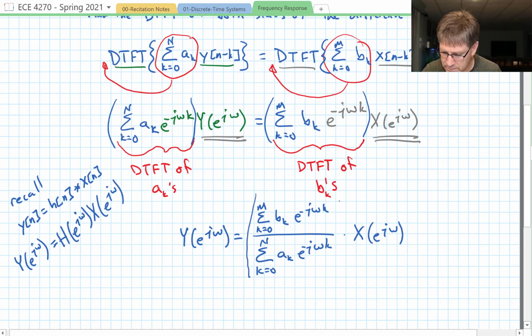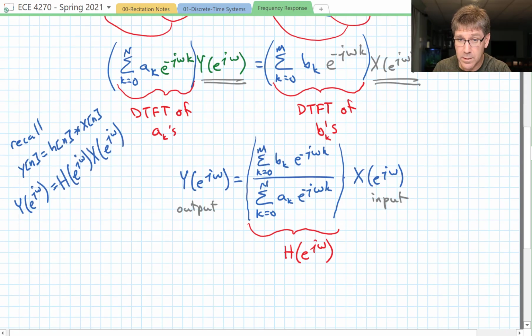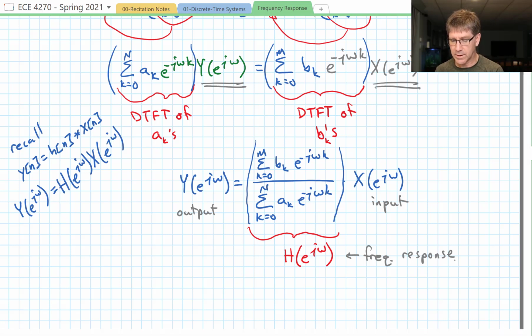So this large fraction in the middle is our H of e to the j omega. So we have our output, our input, and our frequency response. And the frequency response is given like that.